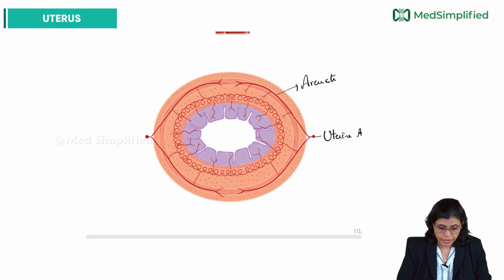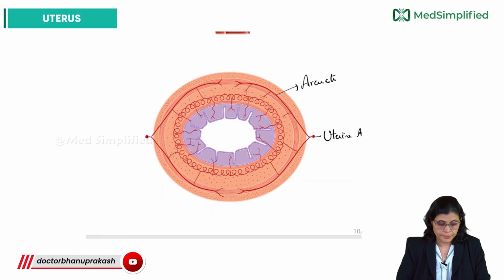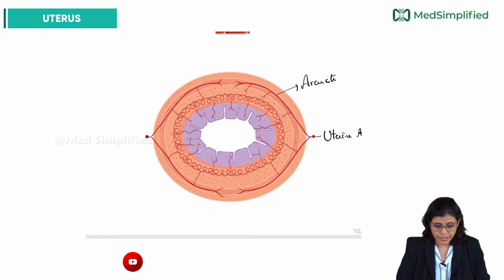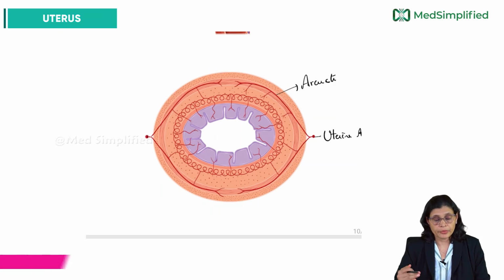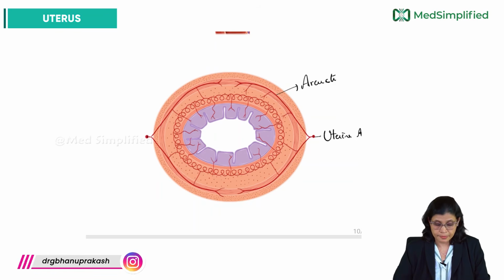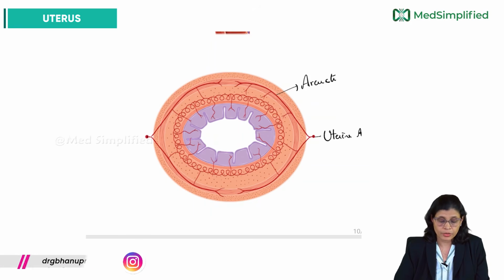These coronary branches will run transversely on the anterior as well as the posterior surfaces of the body of the uterus, and they will anastomose with the opposite branches in the midline. Along the fallopian tube, they will also give tubal branches. So that is how the uterine artery supplies all these structures.